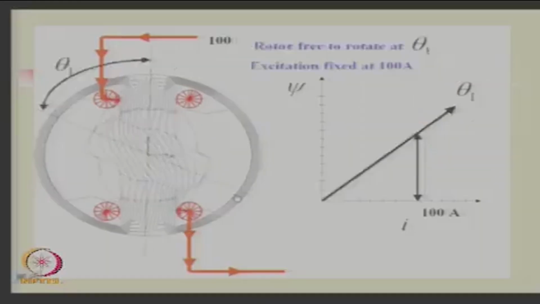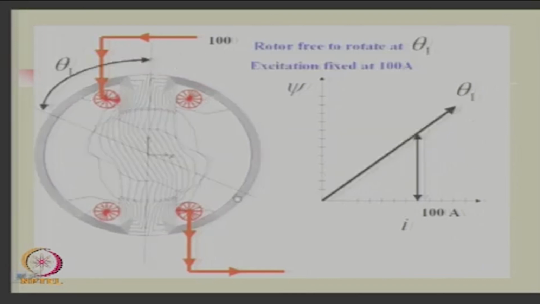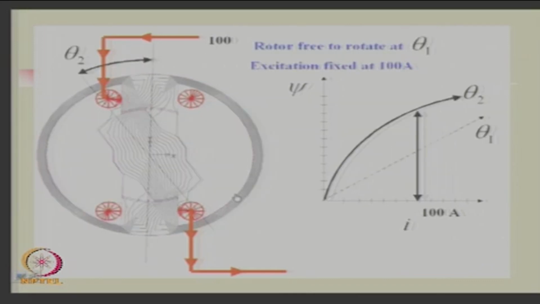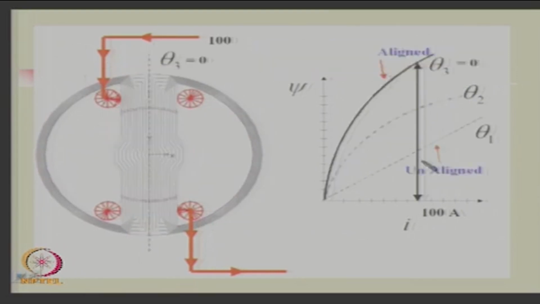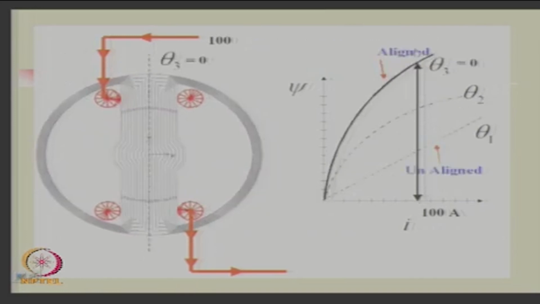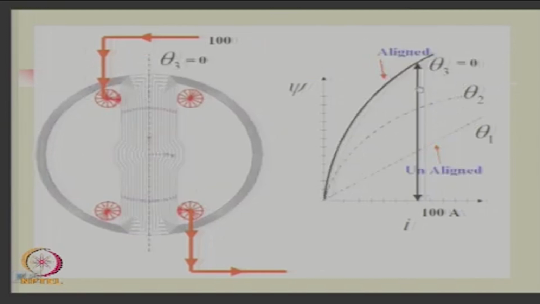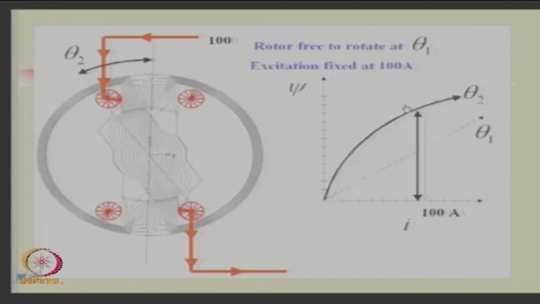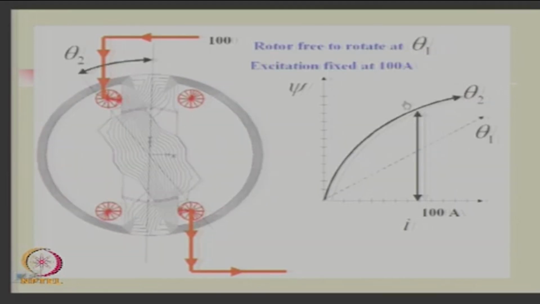Now, the rotor is free to rotate, theta 1, theta 2, theta 3. So, you have these inductances. Excitation, 100 amps I am fixing. Now, this is theta 1, theta 2, theta 3. So, the angles are changing. This is the observation you have. So, your co-energies go on increasing for the same current.